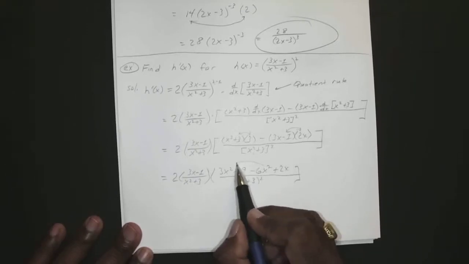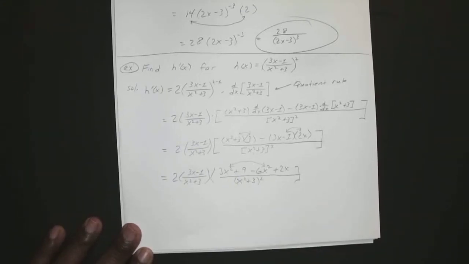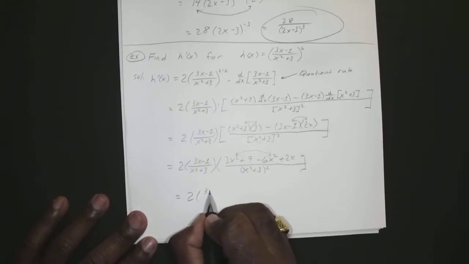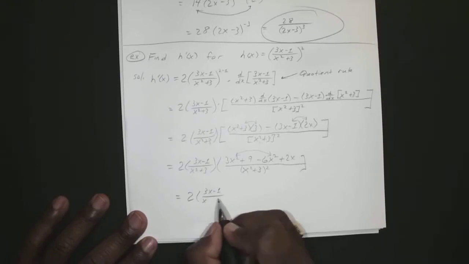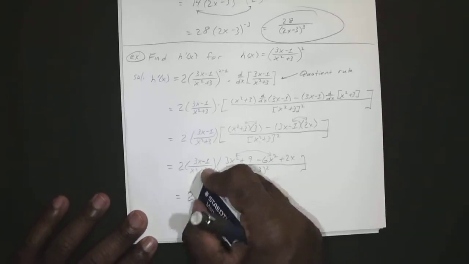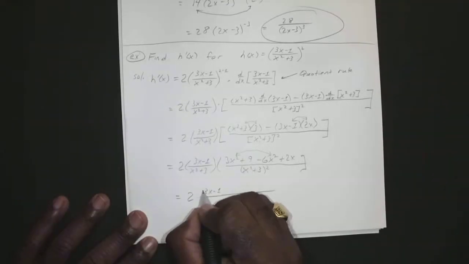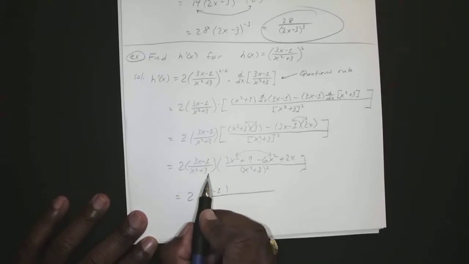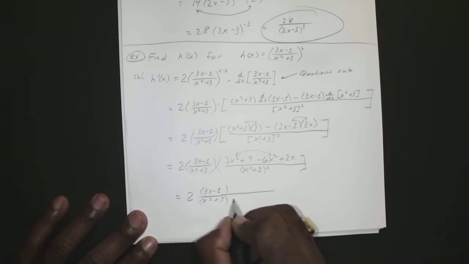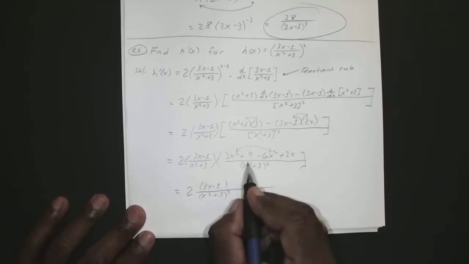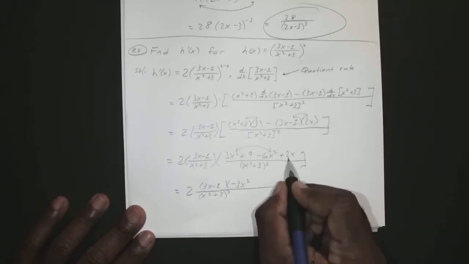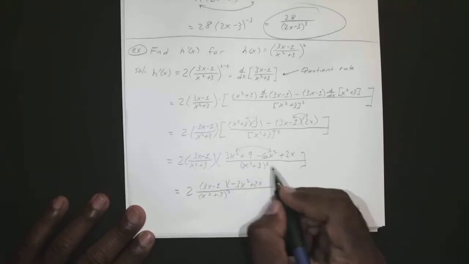All right, so once we go ahead and combine those two, you end up with 2 times (3x minus 1) over x. Actually, you can just put all that over 1 instead of making it separate, because that becomes (x squared plus 3) to the third. So (x squared plus 3) to the third times negative 3x squared plus 2x plus 9.